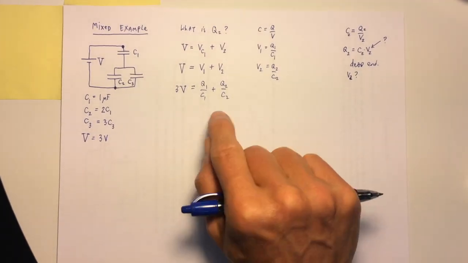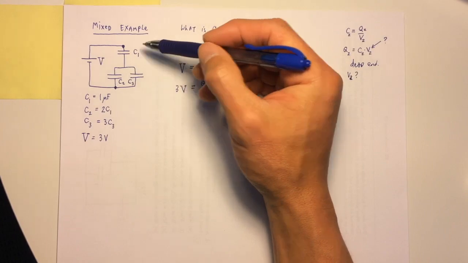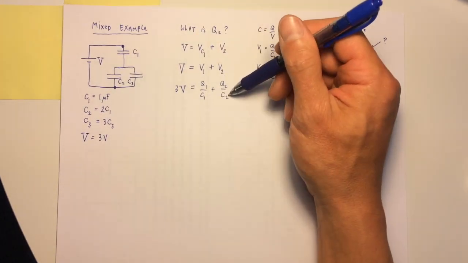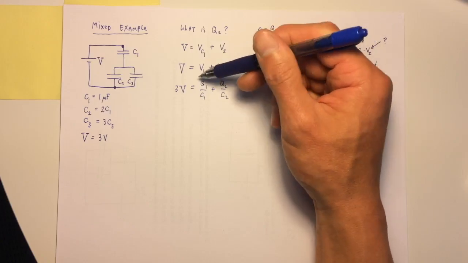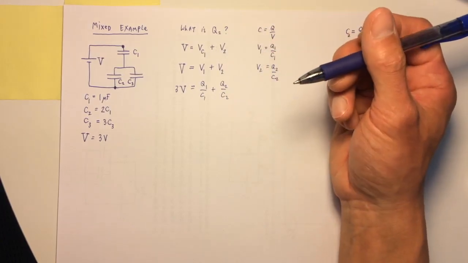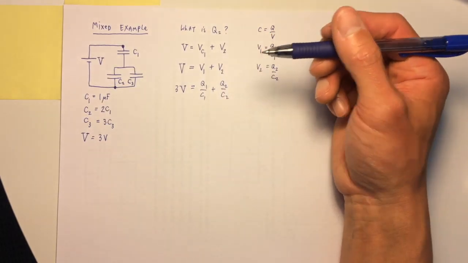I still don't have enough information because I don't know what the charge separated over capacitor number 1 is. I know what C1 is, I know what C2 is, I want to know Q2, but I don't know what Q1 is. It's like I have an equation, but with too many unknowns every time.